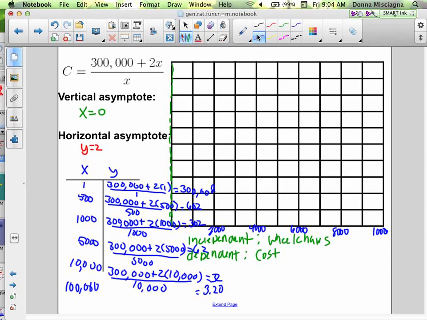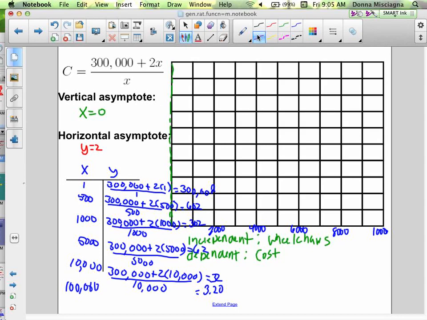So let's graph these. Let's put numbers up. We won't be graphing the 300,000 one. Let's go up by, I guess, 100.